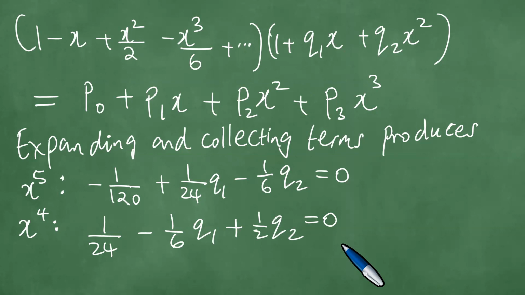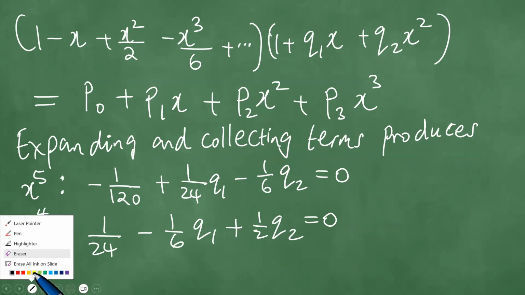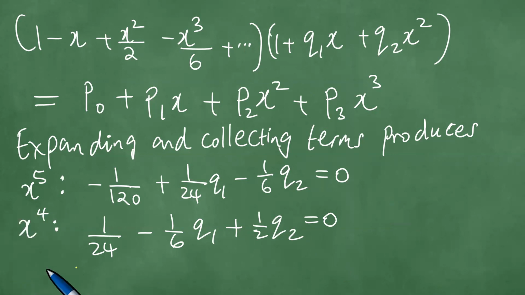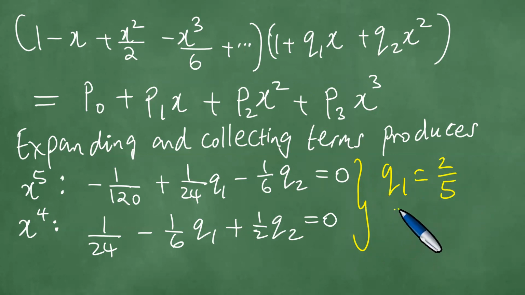Okay, equals naught. Right, so my program gives me, and you can do this, it's just like 2 variables, so it's a problem in 2 unknowns. So what my program is able to give here is that Q1 is actually 2 out of 5, and Q2 is 1 out of 20.